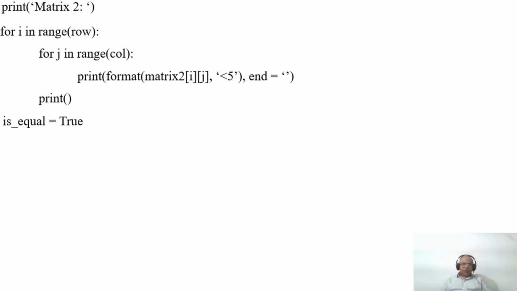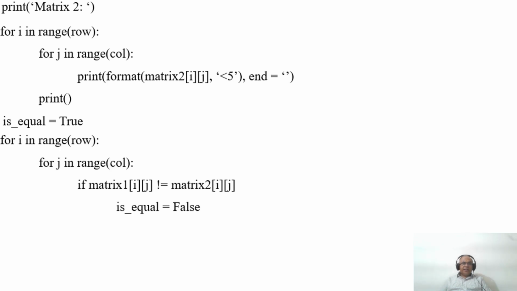If it is equal to true, then for i in range row, for j in range column, matrix 1 of i j should not be equal to matrix 2 of i j. If this condition becomes true, then is equal to false. Otherwise, if this condition becomes false, then it goes back and iterates for each element.